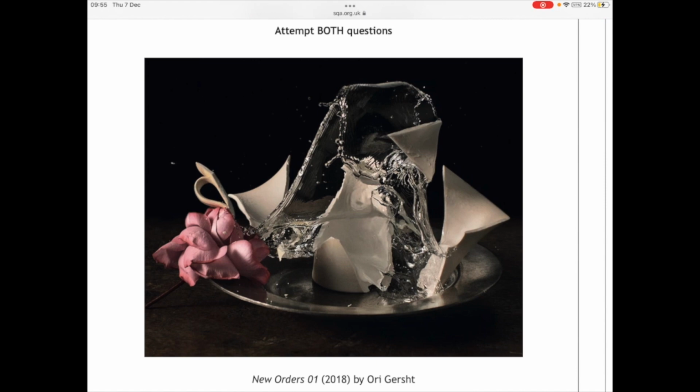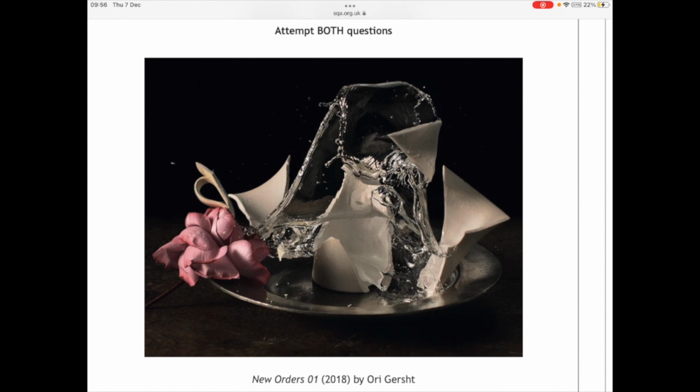Is it happy, is it sad, is it dramatic, is it calming, all those kinds of things. This question's quite subjective as well, because different people read images in a different way. Someone might look at this image and think it's very calming, and as long as they can justify that, that's fine. However, I'm guessing most people wouldn't think that.